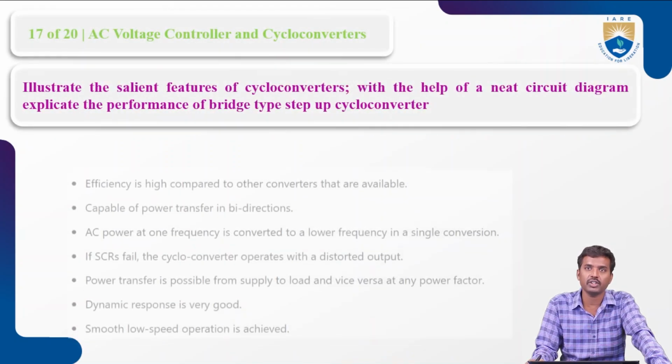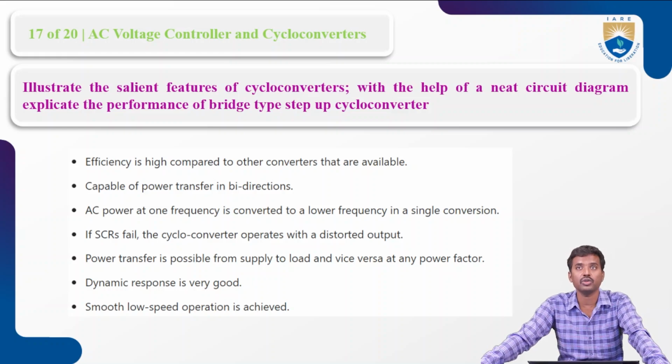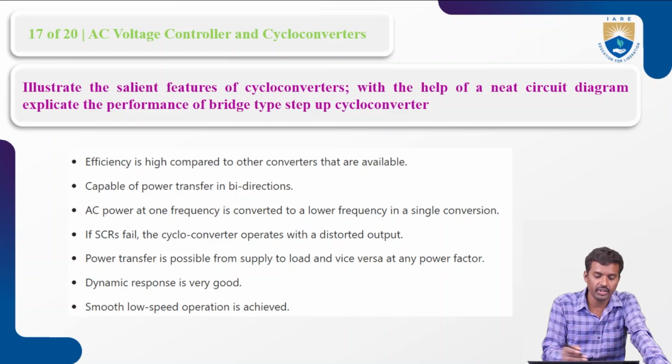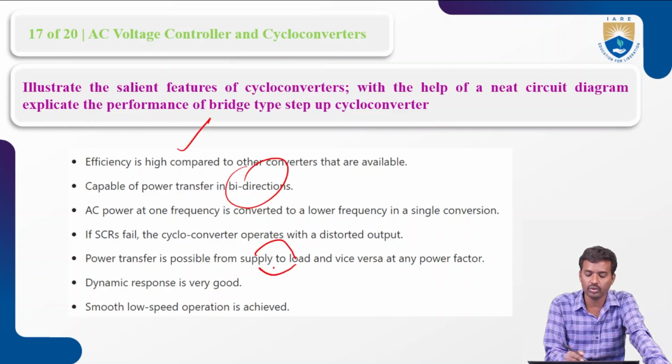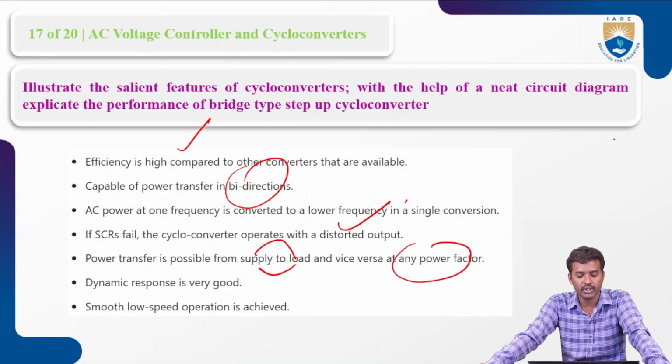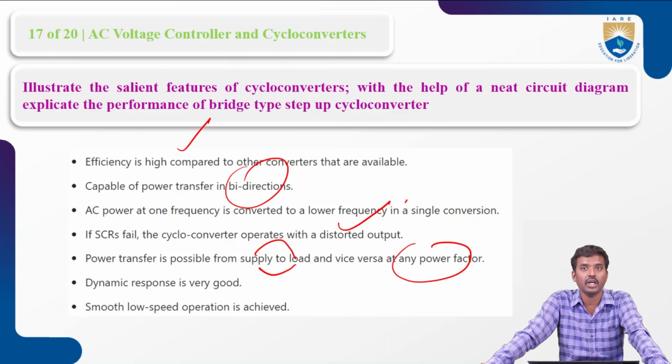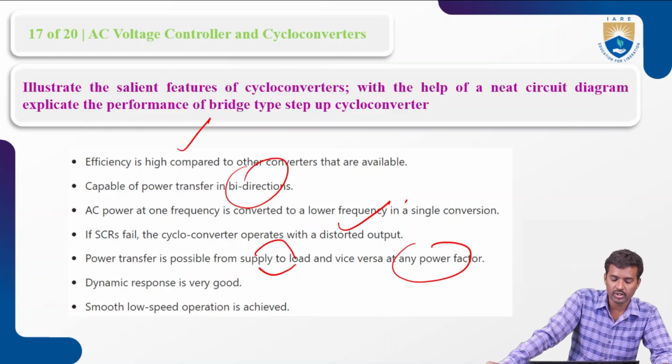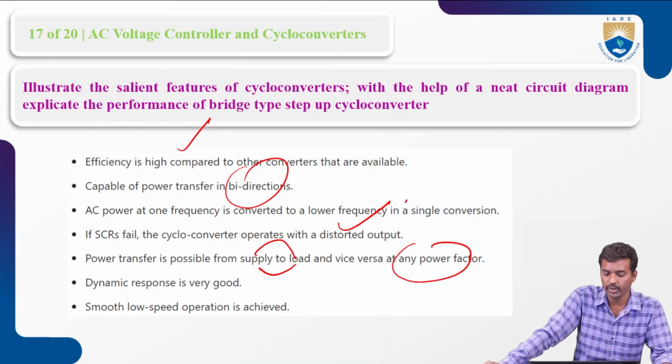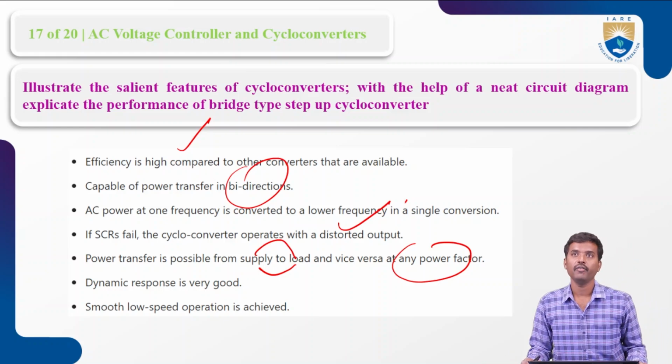Then, explain the salient features of cycloconverters, which we have also discussed: the efficiency is high, power transfer is bidirectional from the source to the load and from the load to the source at any power factor, smooth speed operation can be achieved, the dynamic response is good, and if an SCR fails, the cycloconverter operates with a distorted output waveform.